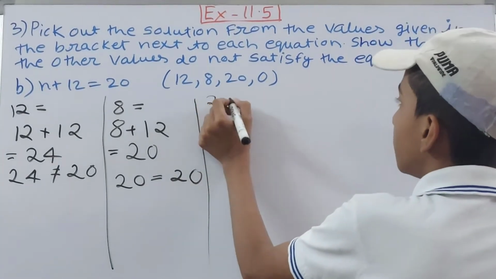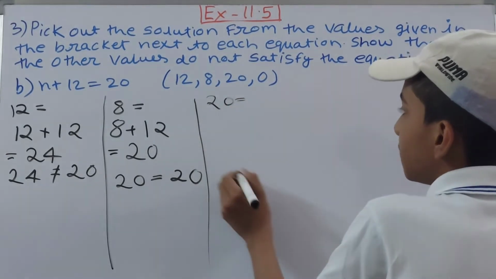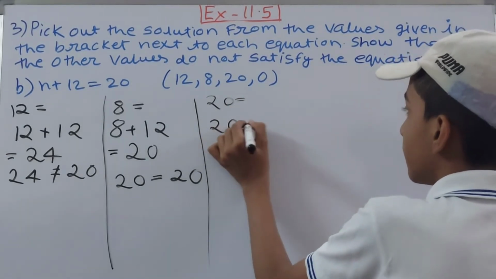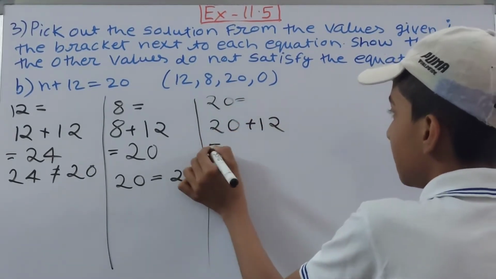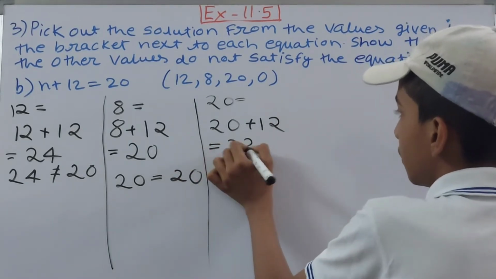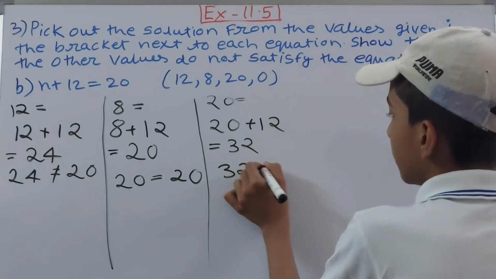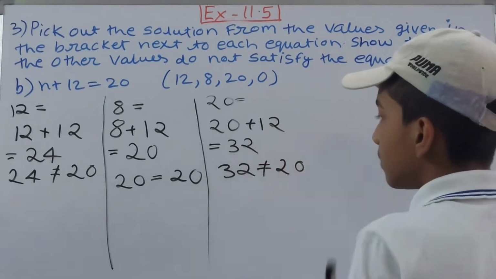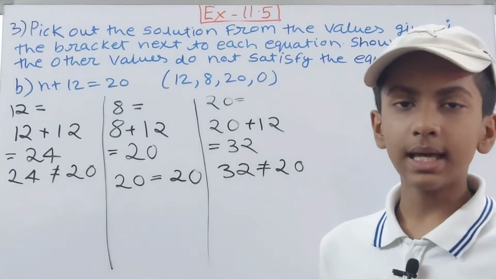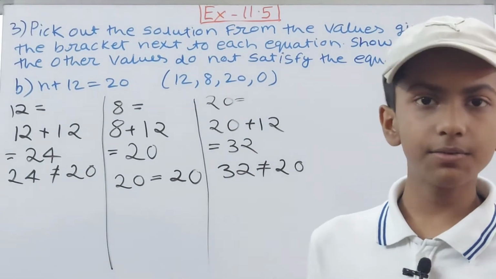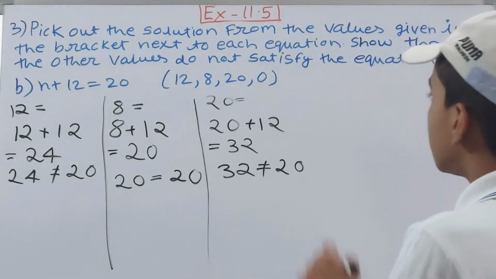So first we have 20 here, and that will be 20 plus 12, and that will be 32. If you see 32 here and 20, they are unequal. That means our equation is not satisfied if we take h as 20.